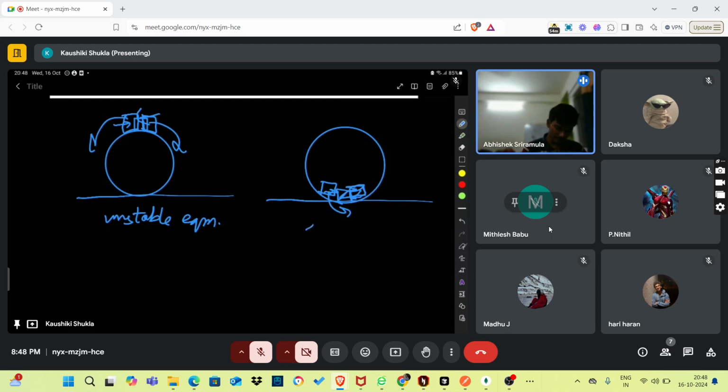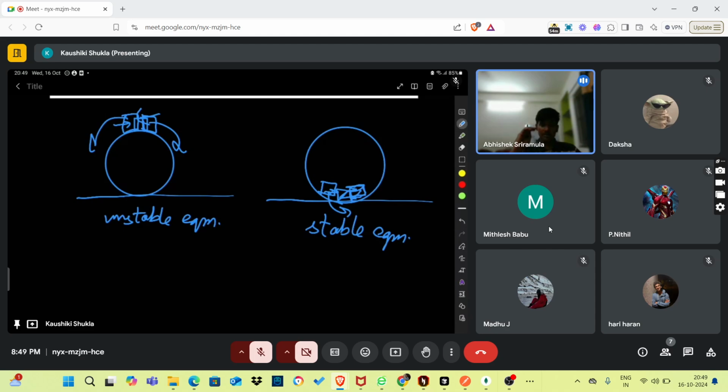So this is stable equilibrium. So basically, for a stable equilibrium, wherever the initial position of the body is, once you move it from that initial position, it will come back to its initial position, be it forward or backward direction.